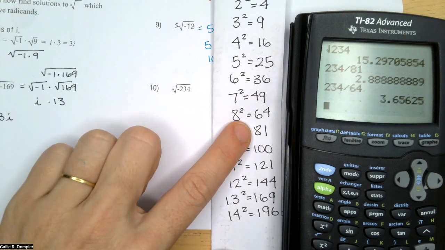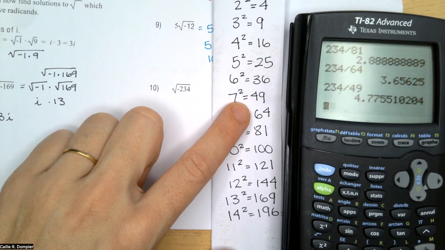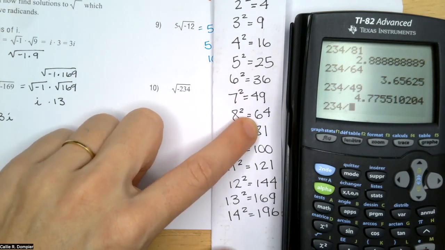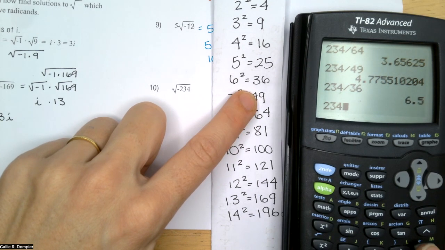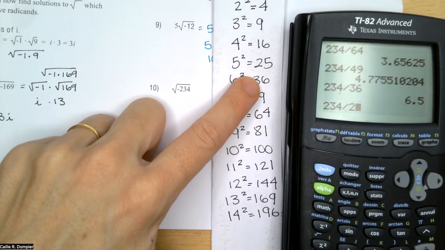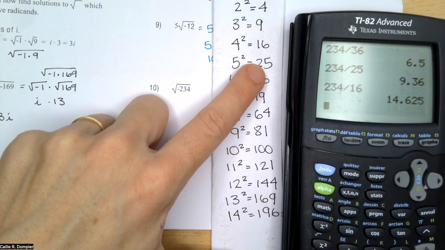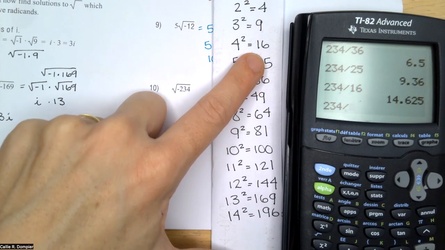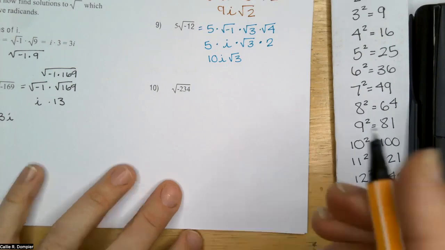64, 49, 36, 25, 16, 9. Okay, we found one. 234 divided by 9.